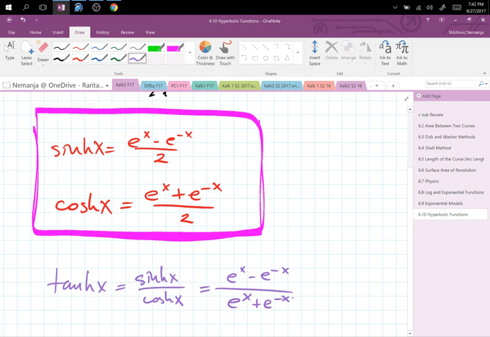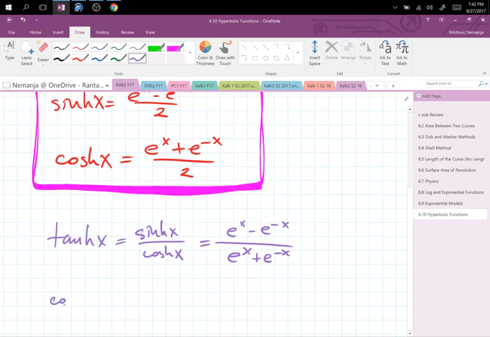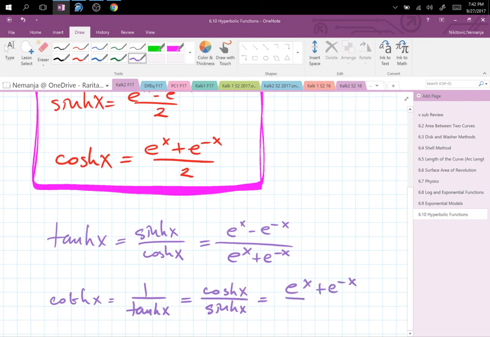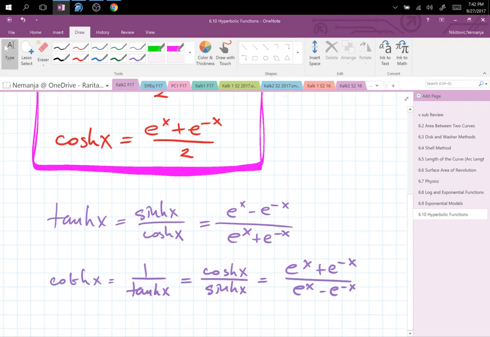Further, cotangent hyperbolic x is going to be 1 over tangent hyperbolic x, or cosine hyperbolic x over sine hyperbolic x, which is e to the x plus e to the minus x over e to the x minus e to the minus x.